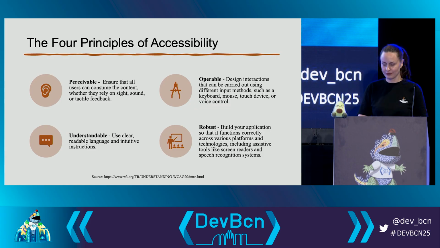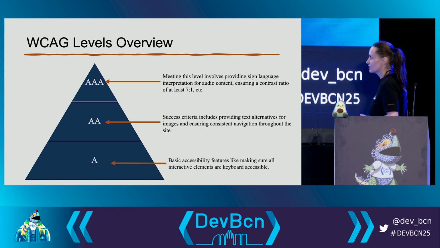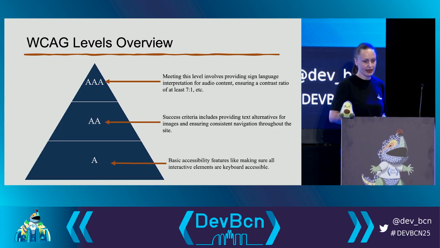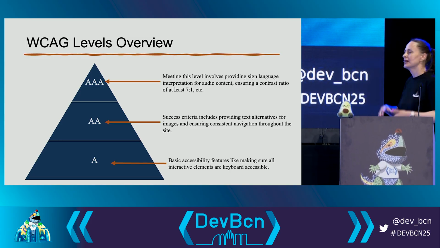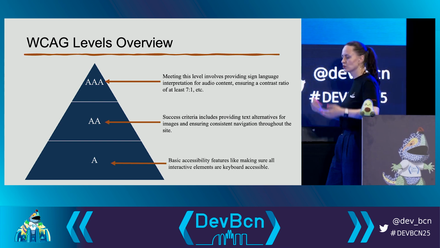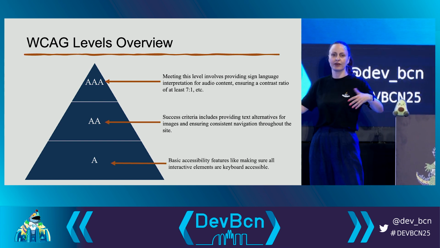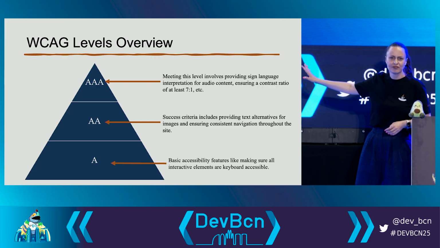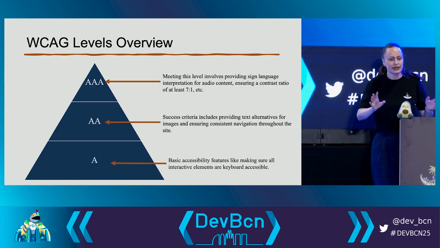So this means in the long run that all the users must be able to access the content that you're producing or the technologies that you're making as you advance them, regardless of how advanced and cool and nice they are. And I spoke about WCAG levels. So these are the levels that we have for the Web Content Accessibility Guidelines. Now, level A is the basic one. And what some e-commerce websites have done so far, before 28th of June 2025, everybody was aiming for A, for the basic level.